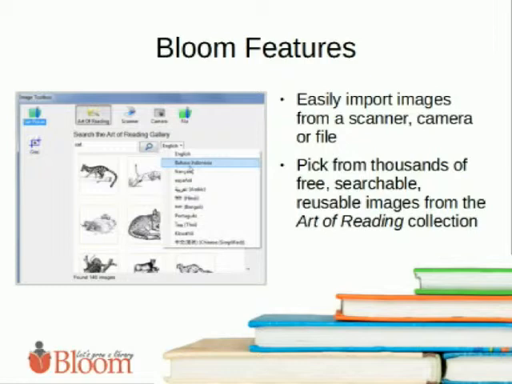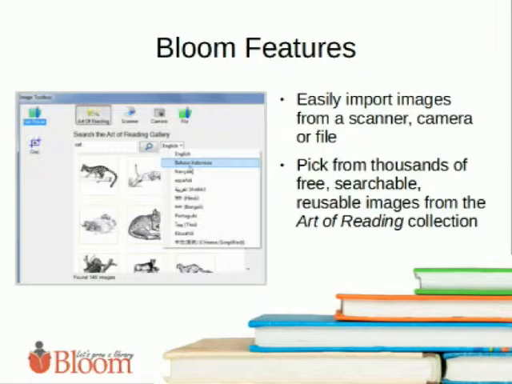It's built in images and text are the 2 main components of a page. You can easily pull in images from a scanner, from a camera, or from a file system like on the USB stick or something. In addition to that, Bloom integrates tightly with a free collection called the Art of Reading.